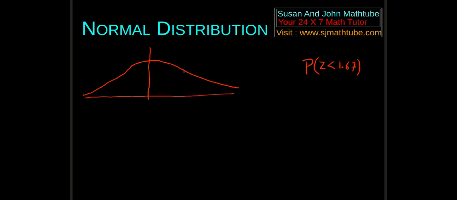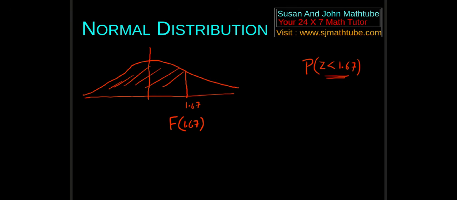So what you do is, you can mark this region. This is 1.67. It's a rough graph. And Z less than 1.67 means this is the required area. And from the table, we get capital F of 1.67.